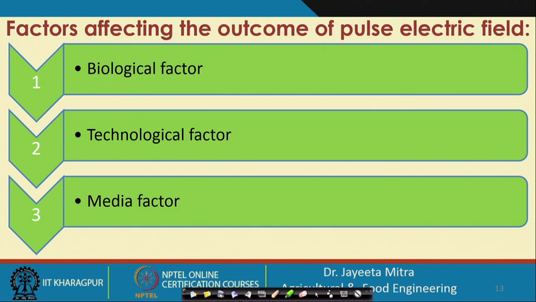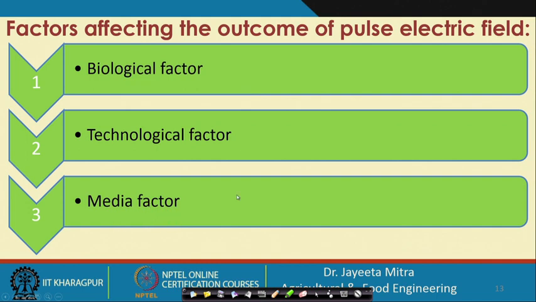Therefore, these three are the controlling factors. We cannot say that a pulse of, let us say, 40 kilovolt per cm which is effective on a milk sample will be effective at the same rate on a fruit juice sample, right. So, the media factor is also very important.